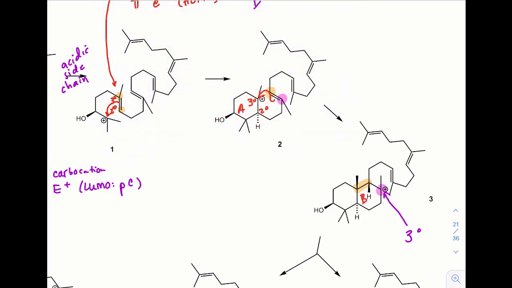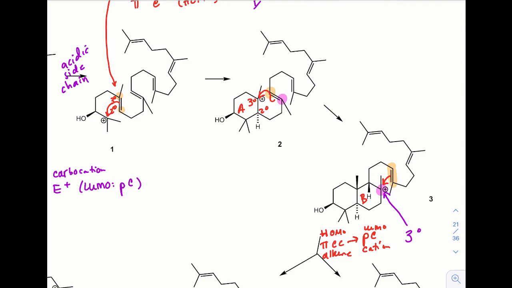And there's a new carbocation that can react with the next alkene, so this alkene, to establish the C ring of lanosterol. So now these pi electrons from this alkene are donated to that empty p orbital on the carbocation. That will fill up the octet of the carbocation carbon, close the C ring, and generate a new cation.